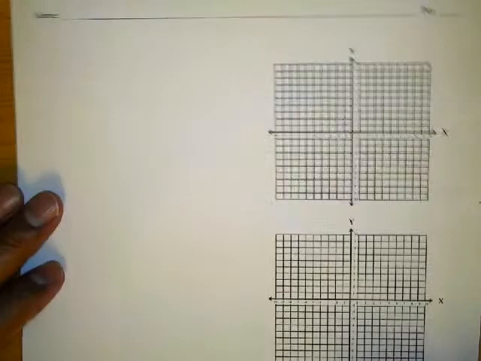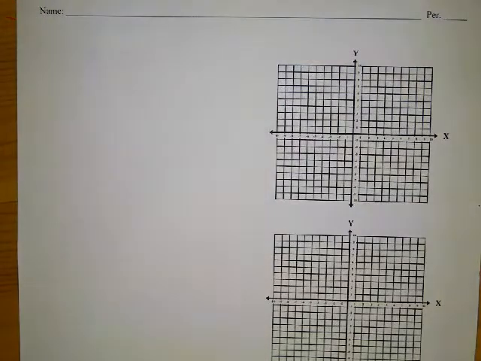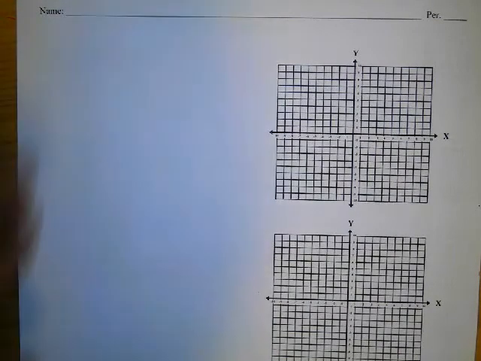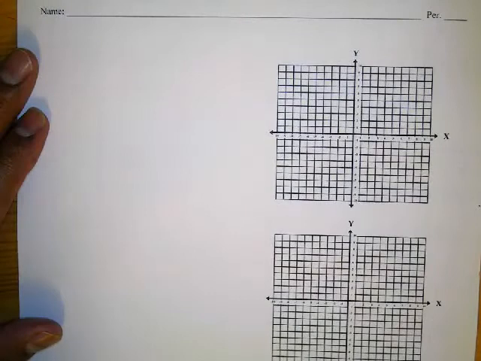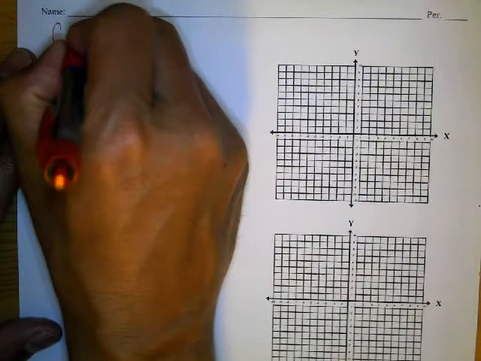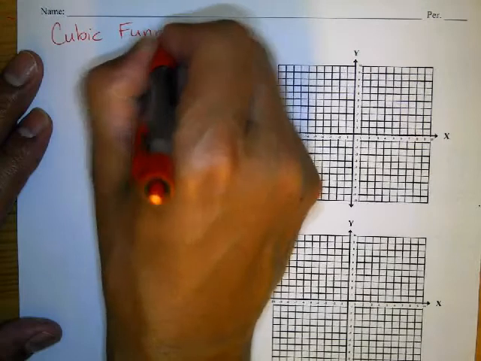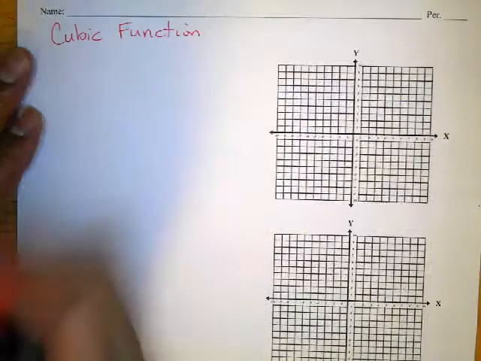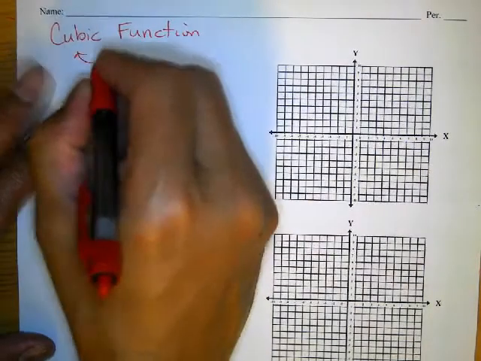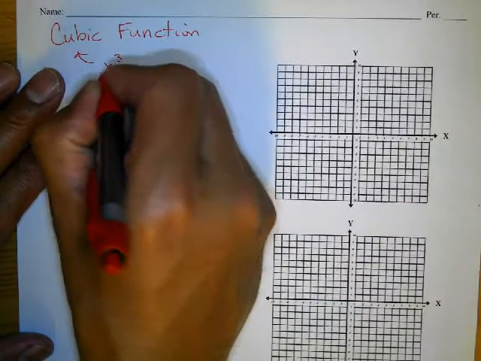Okay, this last one. The last family of function that we're going to look at here is the cubic function. And we know that cubic is to the power of 3.